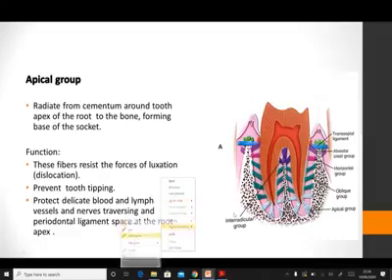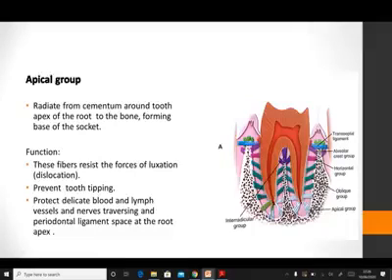They are radiating from the base of the tooth, that is the apex of the root, and they attach to the base of the socket. This is the base of the socket. So these are your apical groups because they are present at the apical region.